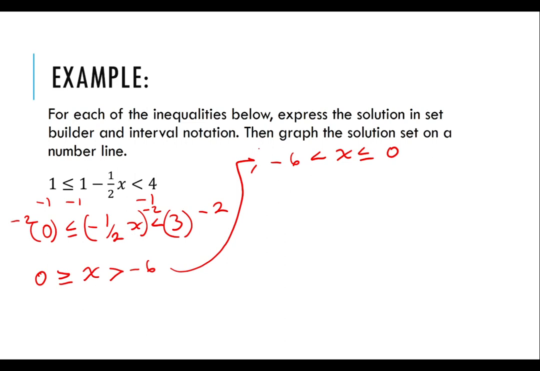Then to make this set builder notation, this is the set of x's such that negative 6 is less than x is less than or equal to 0, which in interval notation is parentheses on negative 6 up to 0 including, and then that matches up with our graph, which is going to go from negative 6 up to 0. Notice that we have a parentheses on negative 6 and a bracket on 0 and everything in between.